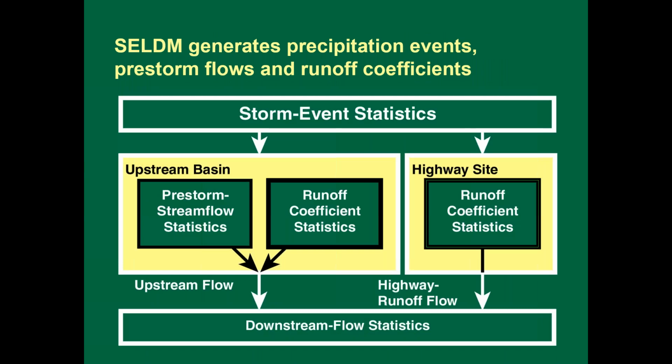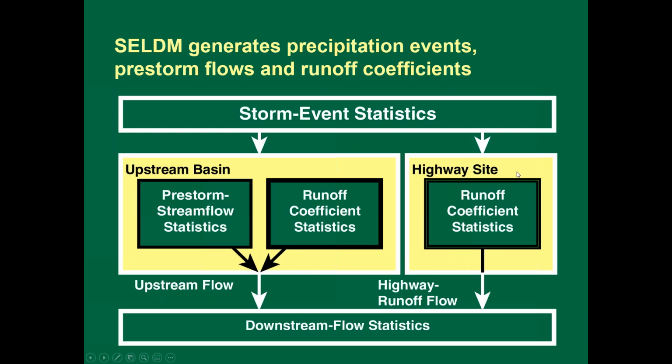So when we come back to this, what we just talked about was that SELDM generates the precipitation events, the pre-storm flows, runoff coefficients, and these basin timing variables, so that we get the upstream flow. We get the highway runoff flow or BMP discharge flow, and we get the upstream flow that's concurrent to those flows.